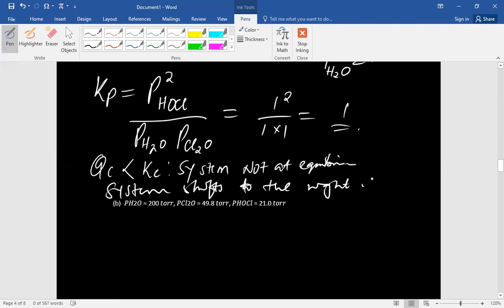In case your Qc was less than Kc, you say the system shifts to the left. So that's why you need to start with Qc all the time. The first one they have given us is always the Qc. I remove this; that was just some supplementary notes.